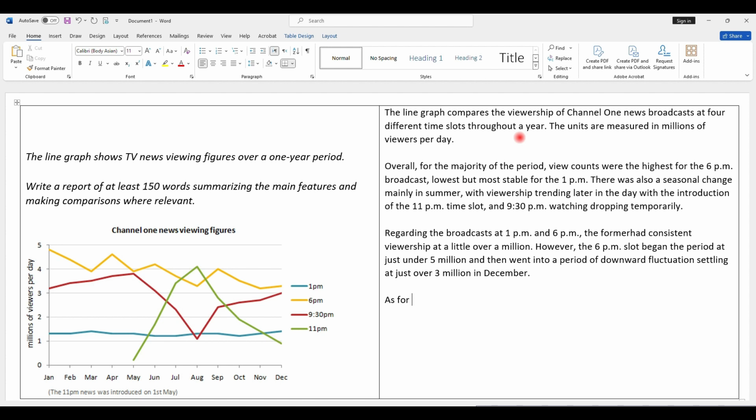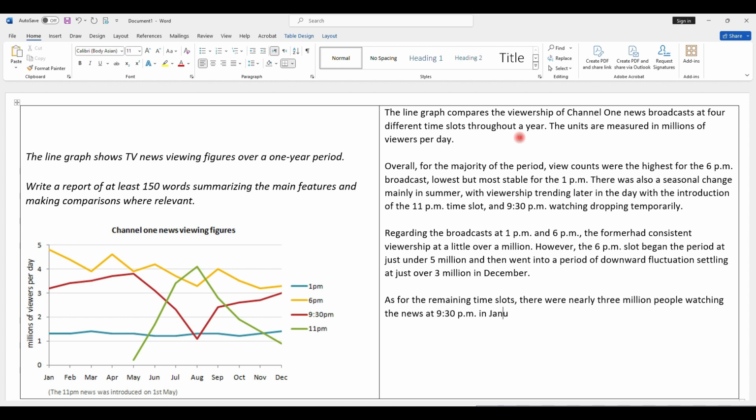As for the remaining time slots, there were, all right, nearly 3 million people watching the news at 9:30 p.m.